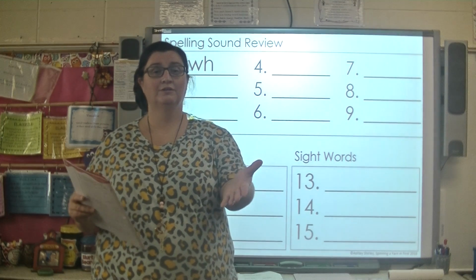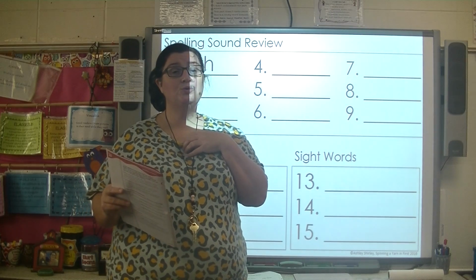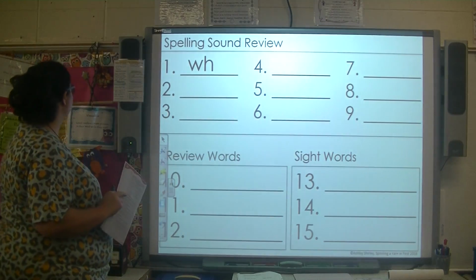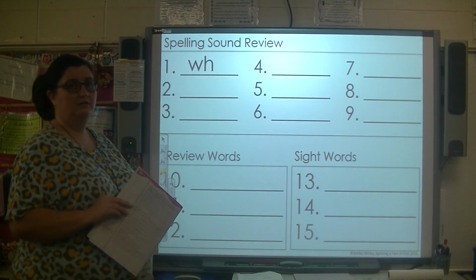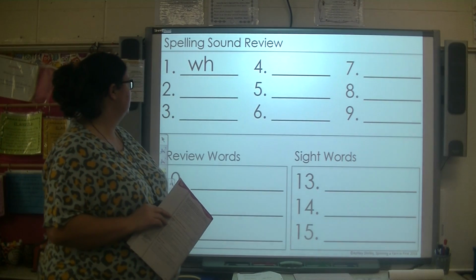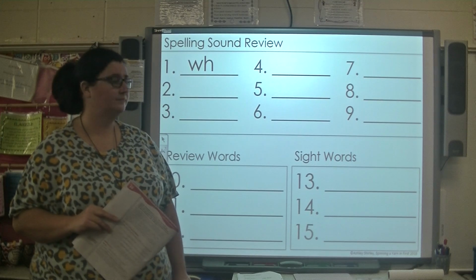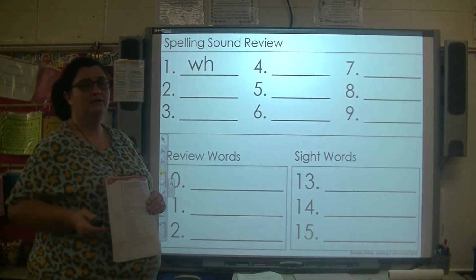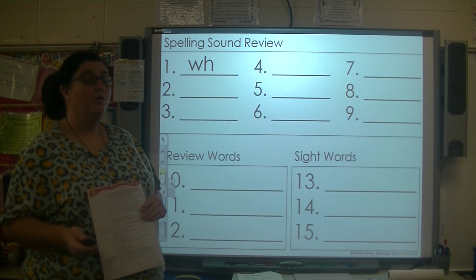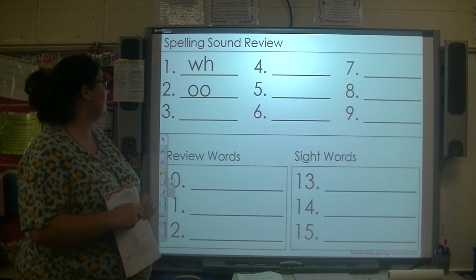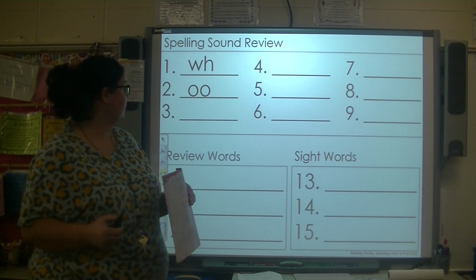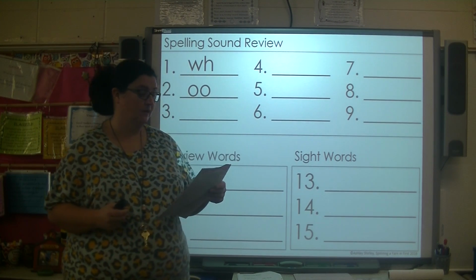Yes, oo. Write it. What letters? Digraph O can say oo. It also has another sound.